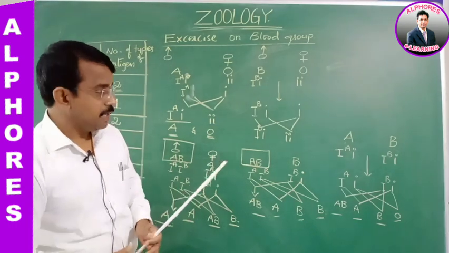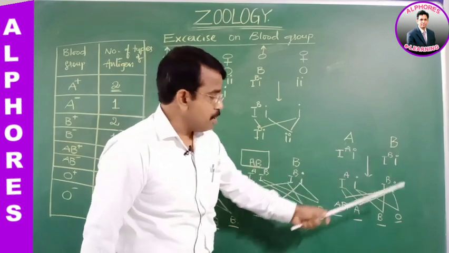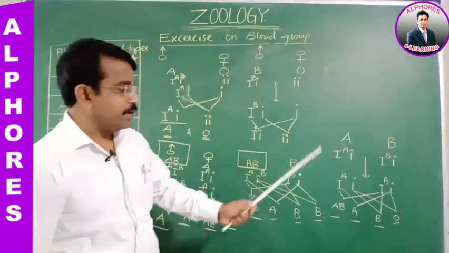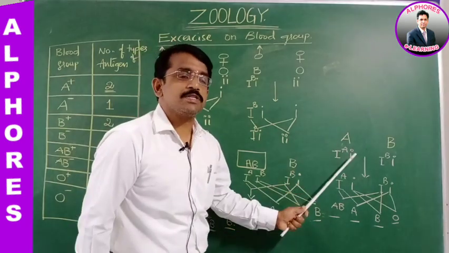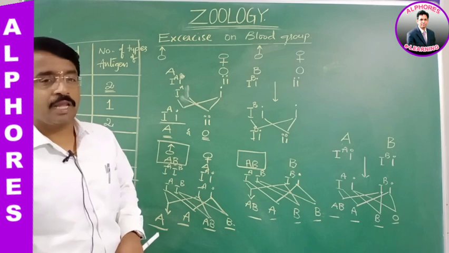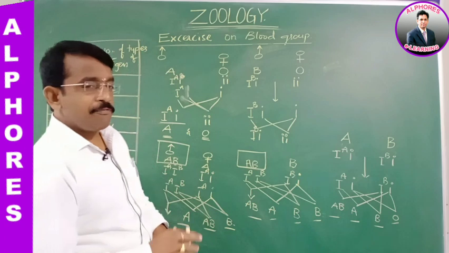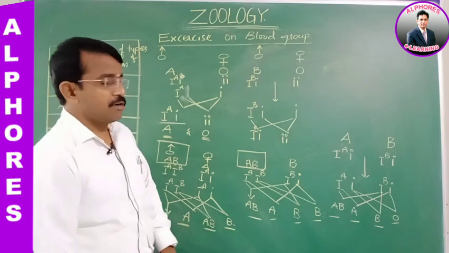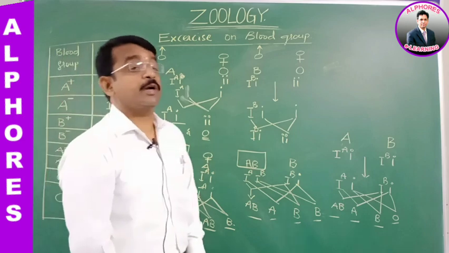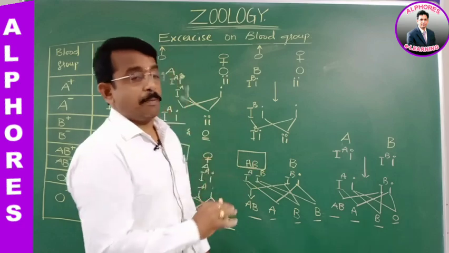I repeat, if the parents are heterozygous, all types of phenotypes of the ABO blood grouping system are possible. So here also you can ask a question: for a couple, all 4 types of blood group progeny are possible. Under what conditions?